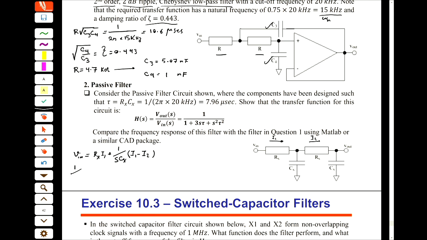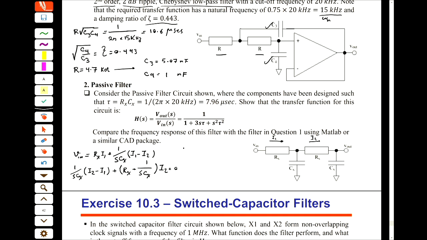again 1 over S Cx multiplied by (I2 minus I1) plus (Rx plus 1 over S Cx) I2 equals 0.